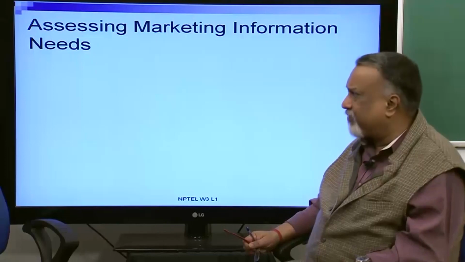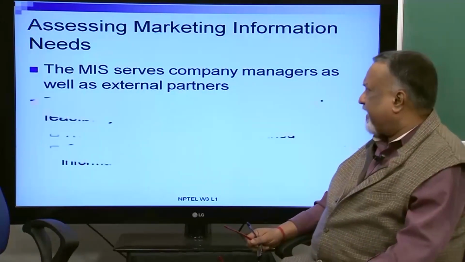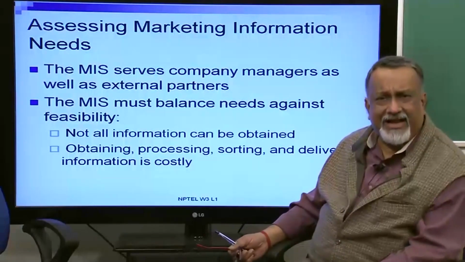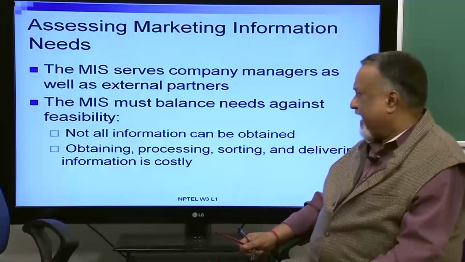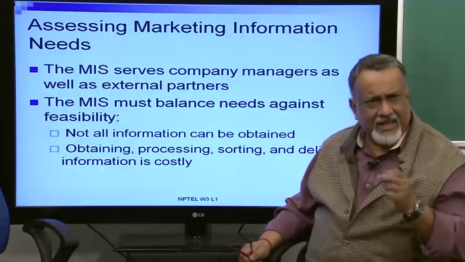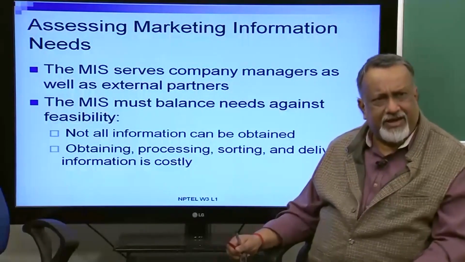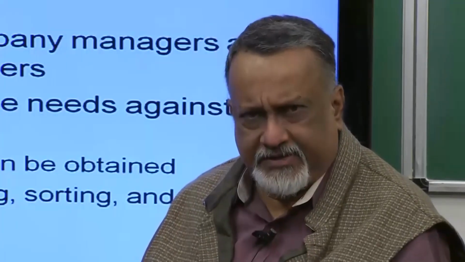So, what kind of information would we need? Obviously, what enables us to respond, what enables us to take action. An important point here is that there are some limitations which we have to know, that not all information can be obtained.